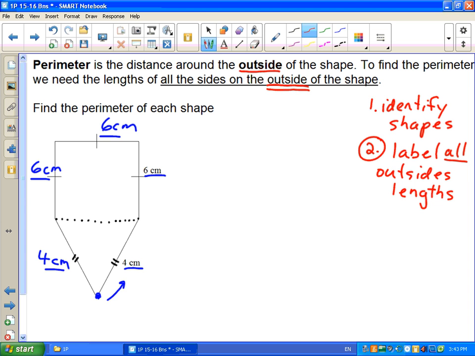If I've got them all labeled, the last step to getting our perimeter is just add up the lengths of the sides. And when you're doing this, just go around the outside of the shape.